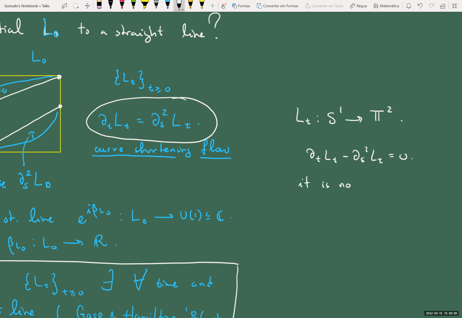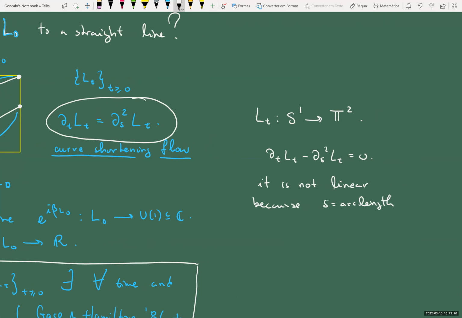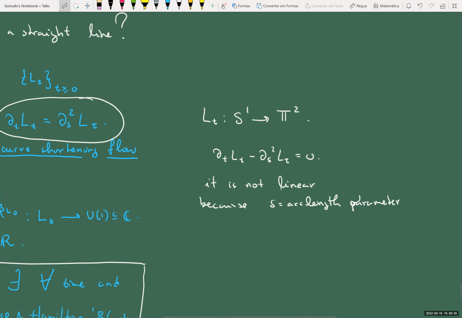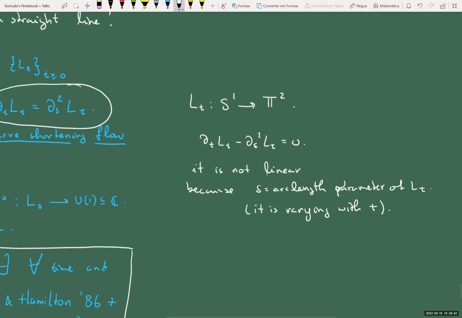It is not linear because s is the arc length parameter, so it depends on L_t. So it is varying with time. It looks like these shrinking equations from old papers, right? So it's a parabolic equation.